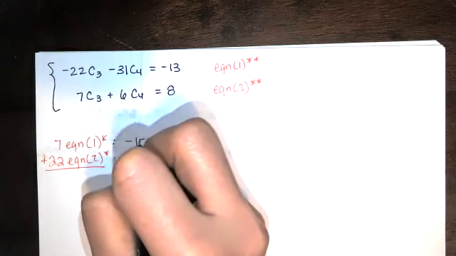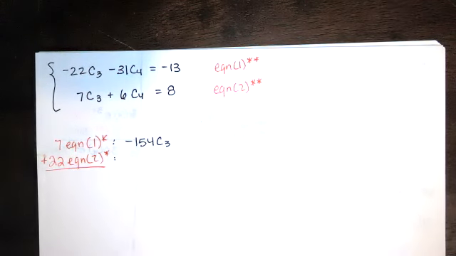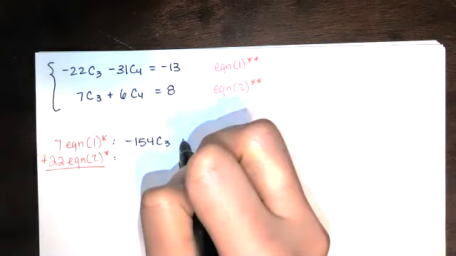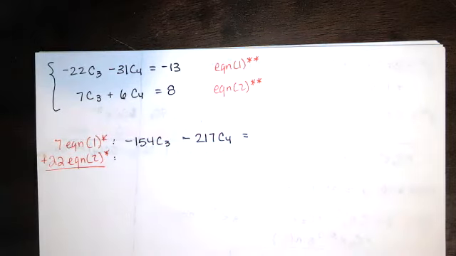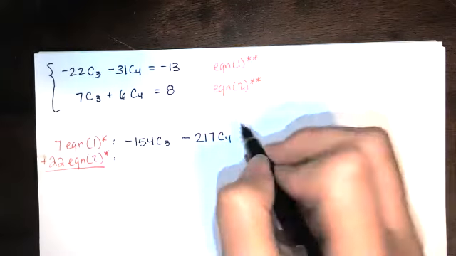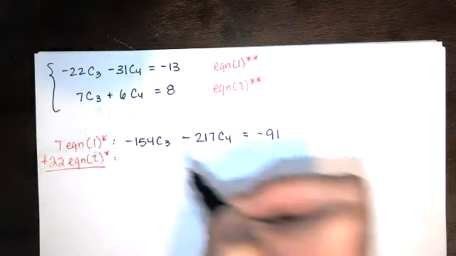So I have negative 154 times C3, and 7 times 31 is 217, and 7 times 13 is negative 91.